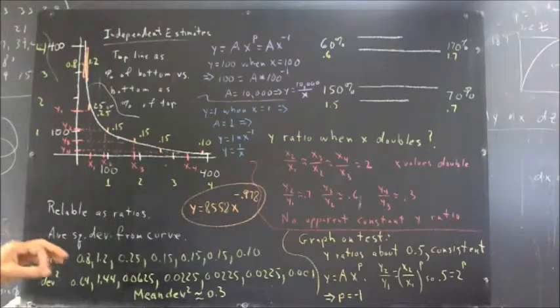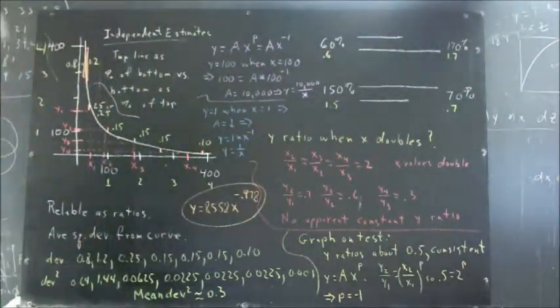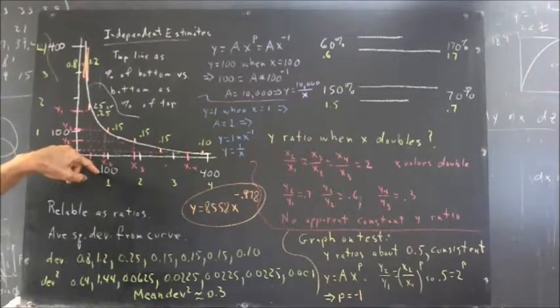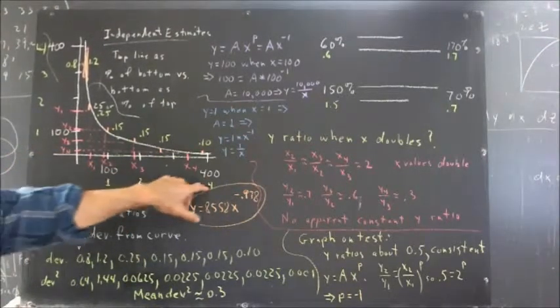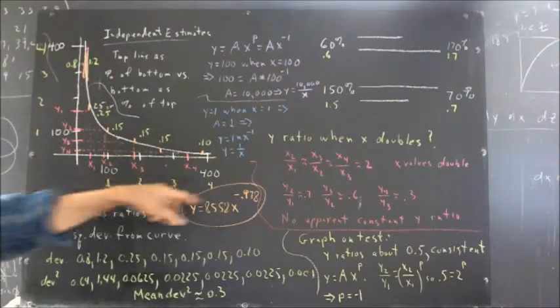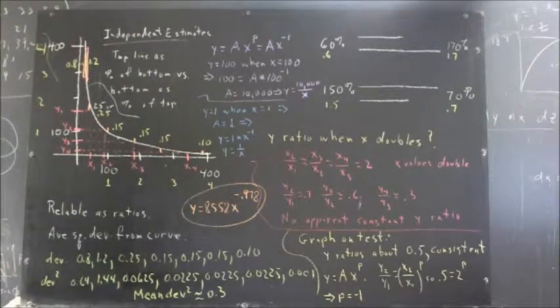We could have equally well used the ratios, the 0.6, the 1.5, and so forth, and we would have had ratios of 1 corresponding to 100%, and 2, 3, 4 corresponding to 400%. So the green scale is the ratio scale, the white scale is the percent scale.